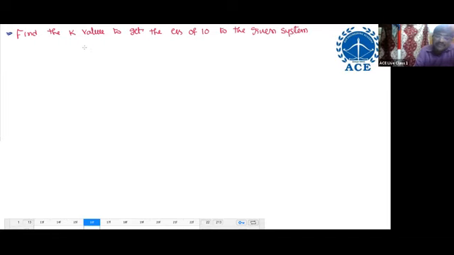G of S, H of S equal to K by s into (s plus 1) into (s plus 2), to the unit ramp input. They'll give like this.